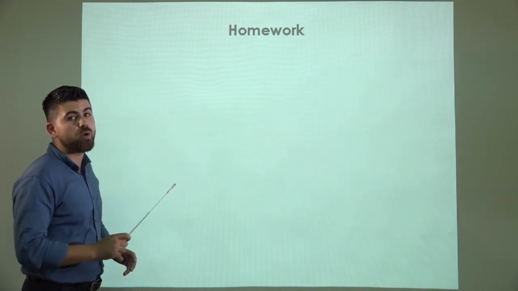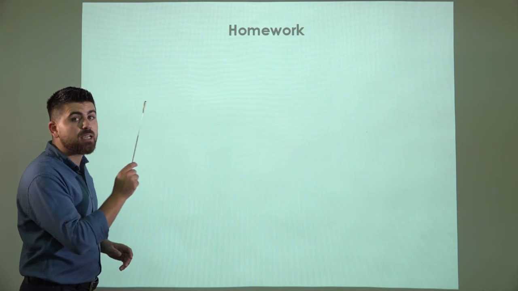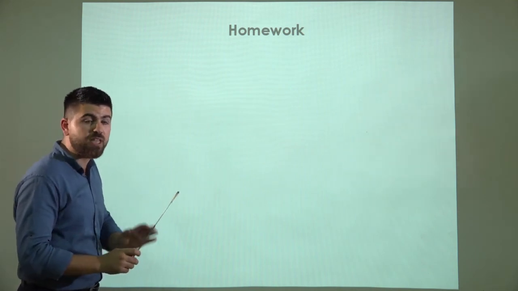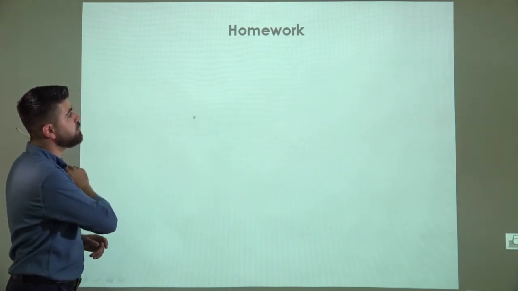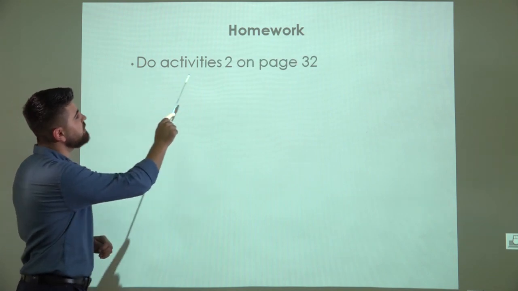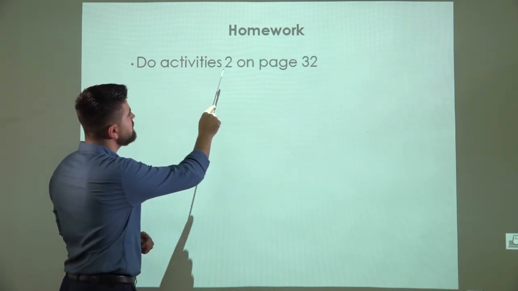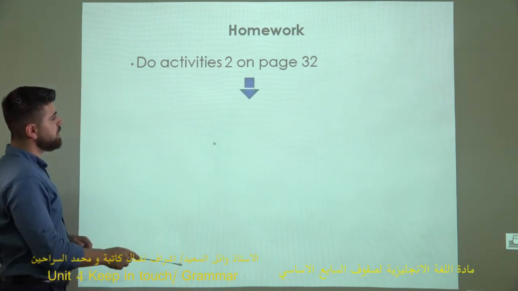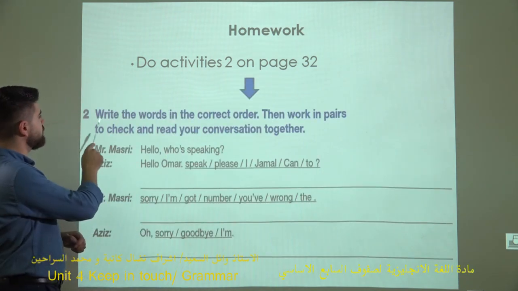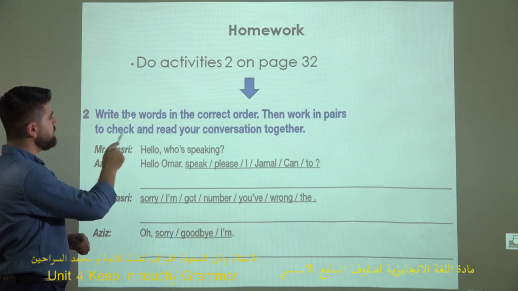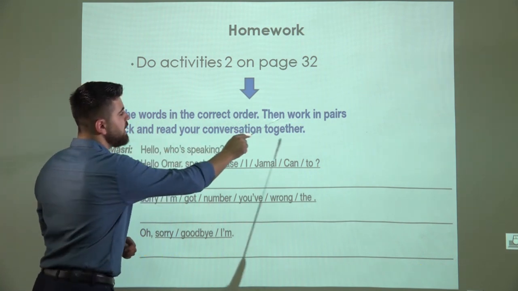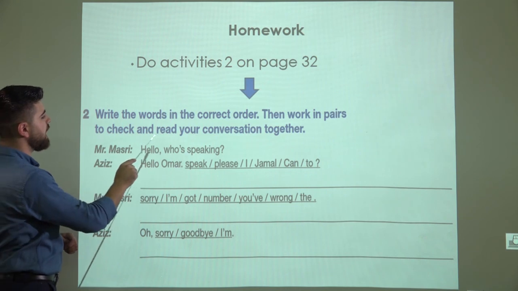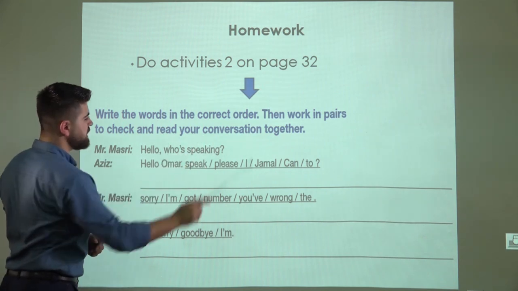Now we have a homework. You have an assignment to do. The homework is to do activity 2 on page number 32. This activity is to write the words in the correct order, then work in pairs to check and read your conversation together.